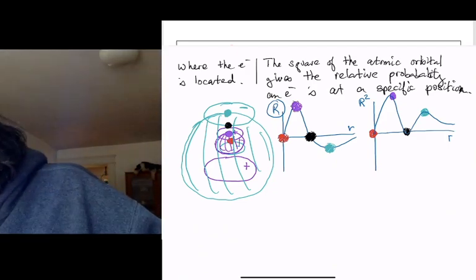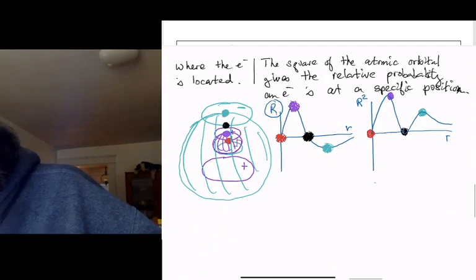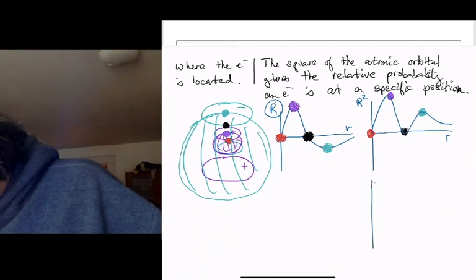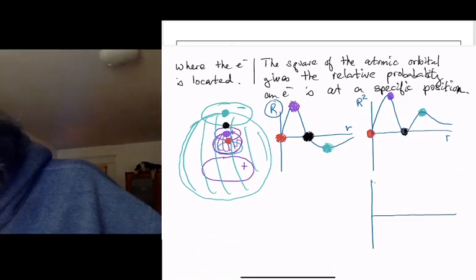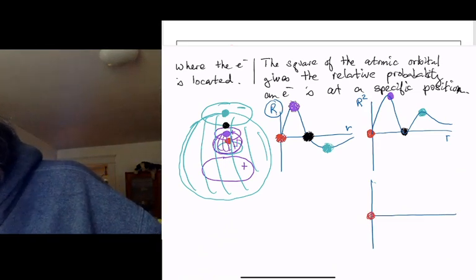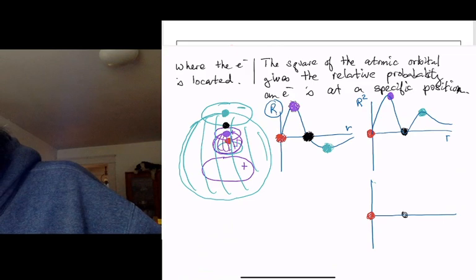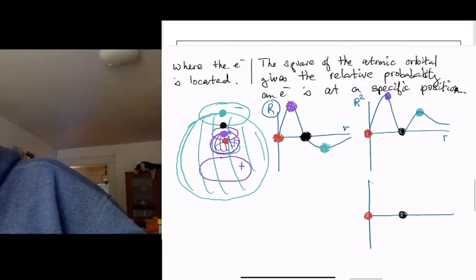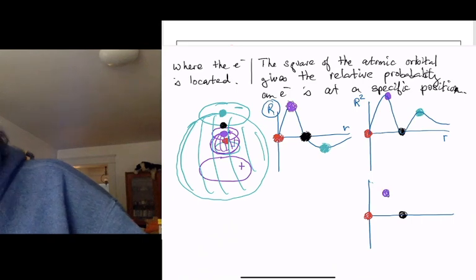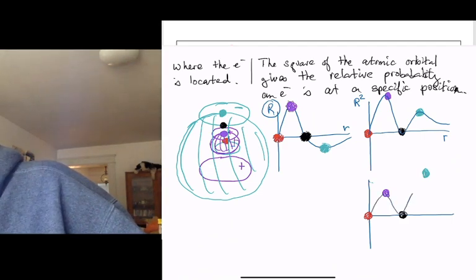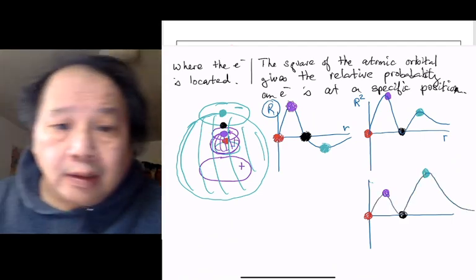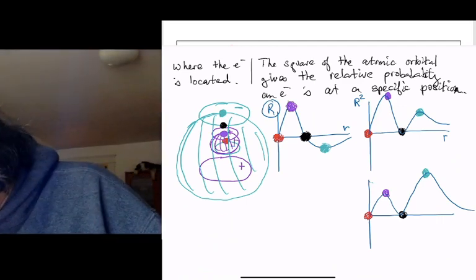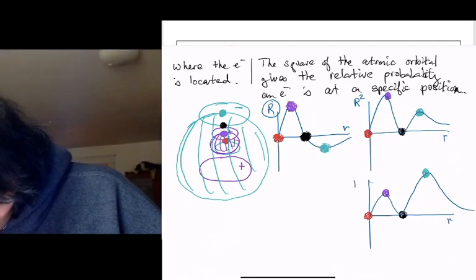And so we now get this new graph. It's still 0 for the red and the black. But now when we consider the whole sphere, the purple becomes smaller in value and the aqua becomes bigger in value. And the graph looks like this. And this is called the distribution function.